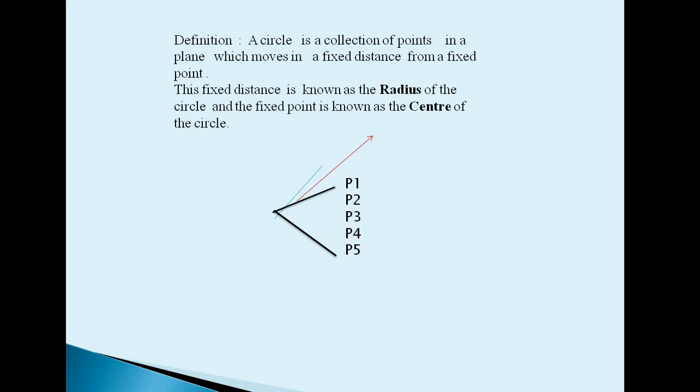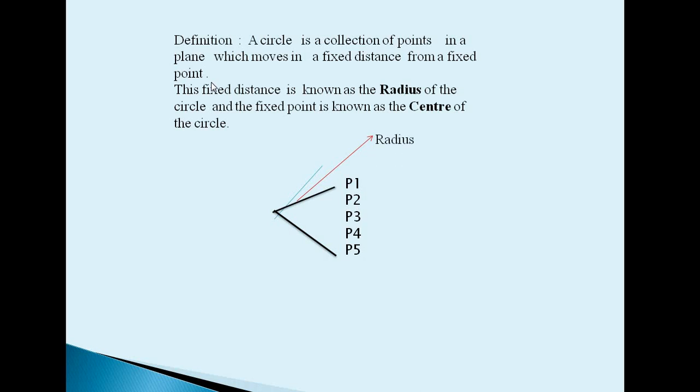As you can all see, a circle is a collection of points P1, P2, P3, P4, P5 and so on, which move at a fixed distance from a fixed point.